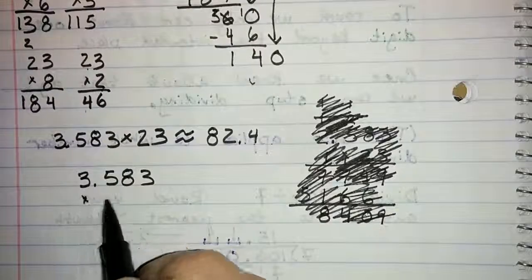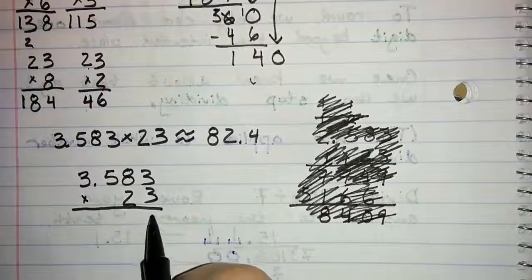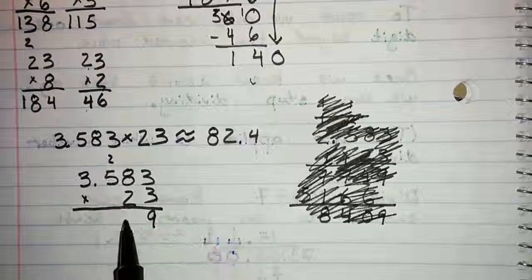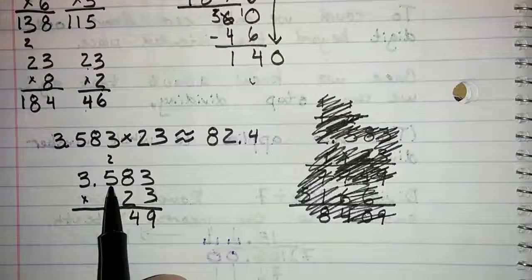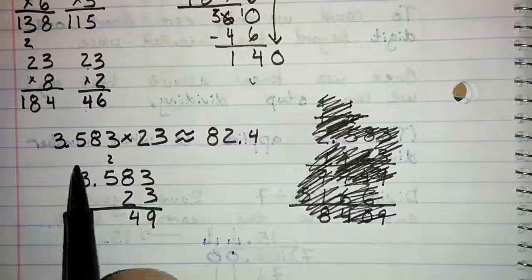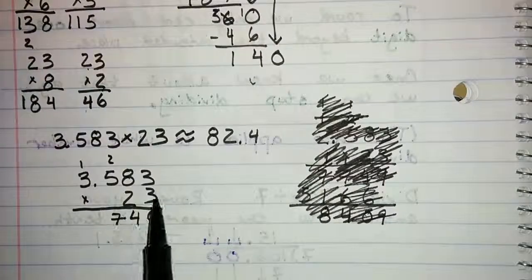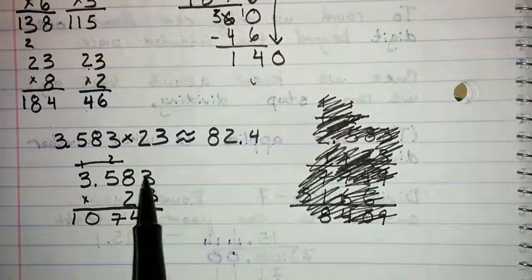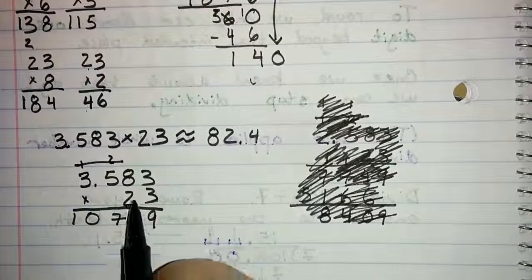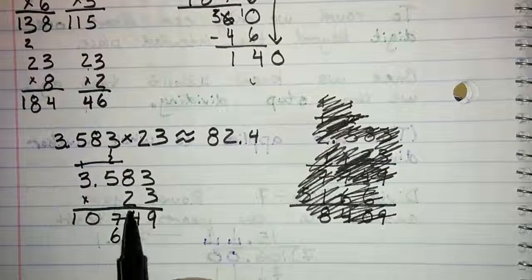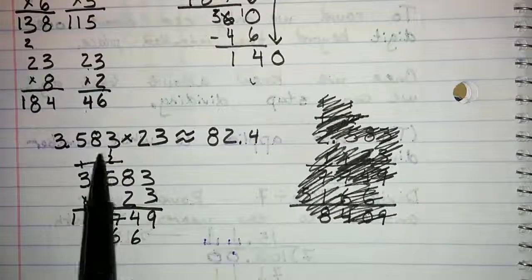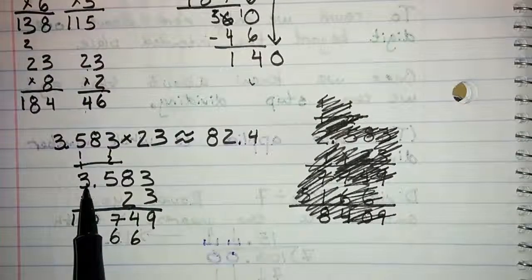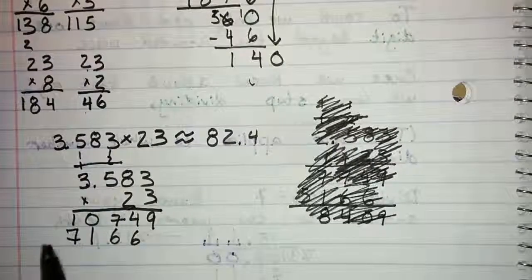3.583 times 23. 3 times 3 is 9. 3 times 8 is 24. 3 times 5 is 15, 16, 17. 3 times 3 is 9, plus 1 is 10. 2 times 3 is 6. 2 times 8 is 16. 2 times 5 is 10, plus 1 is 11. 2 times 3 is 6, plus 1 is 7.